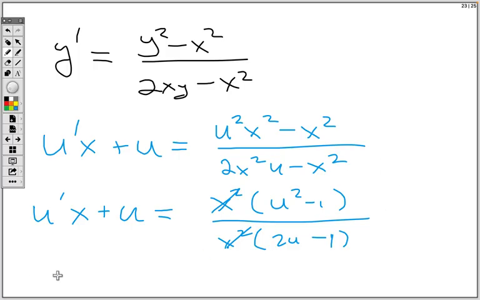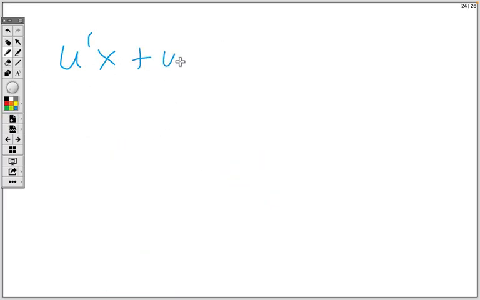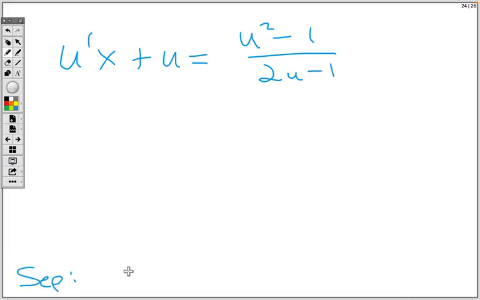Okay. Now the claim is this is separable. So if it's separable, we should be able to get all the u's on one side and all the x's on the other. All right, so we've got some algebra to do. The goal here for separable is I've got h of u, u prime, equal to some g of x.